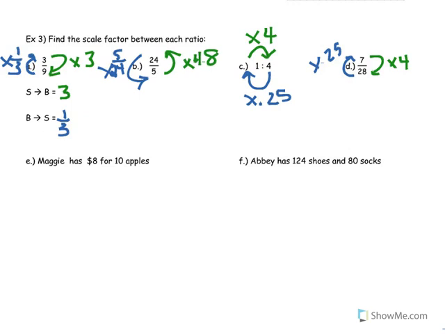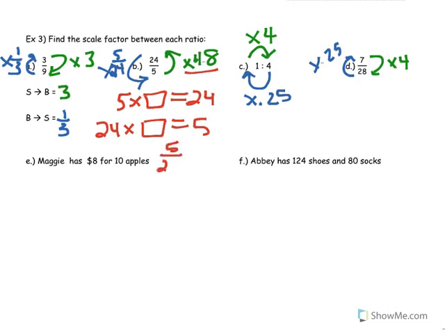The second example, I think some of you might have gotten tripped up right here, okay? I think finding 4.8 might have been a little better. 5 times what gets me to 24, that gets me to 4.8. When I try to find 24 times what gets me to 5, that's a little bit more challenging because when you do the division 5 over 24, you get a really icky decimal.